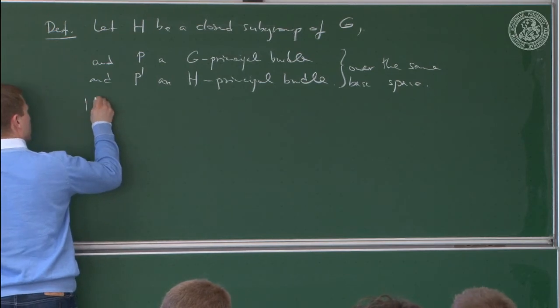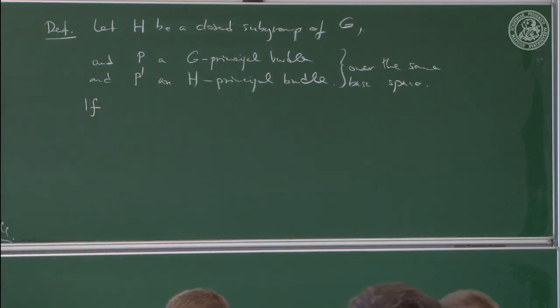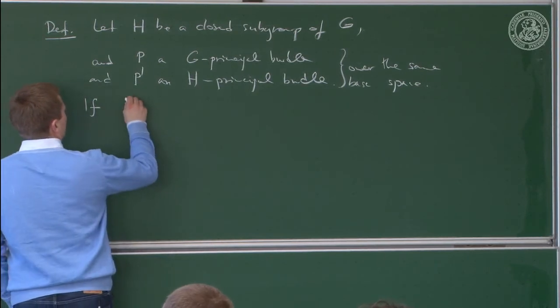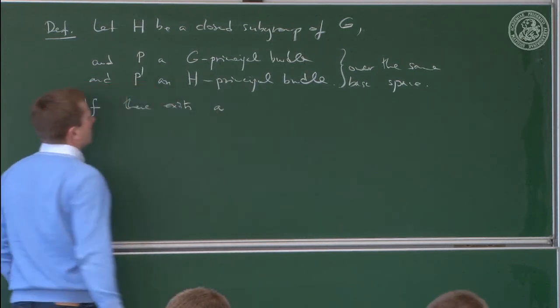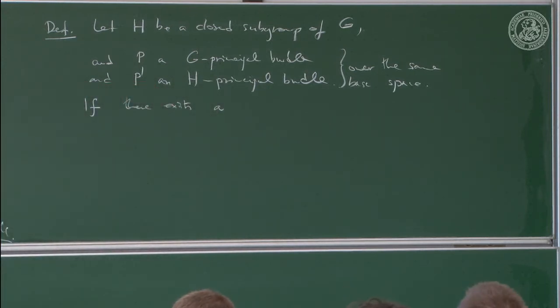Now, if there exists, well, could we talk about a principal bundle map between these two principal bundles? No, because a principal bundle map we only defined before for two bundles with the same Lie group, or between two principal bundles with different Lie groups where you're additionally given a group homomorphism from one into the other.